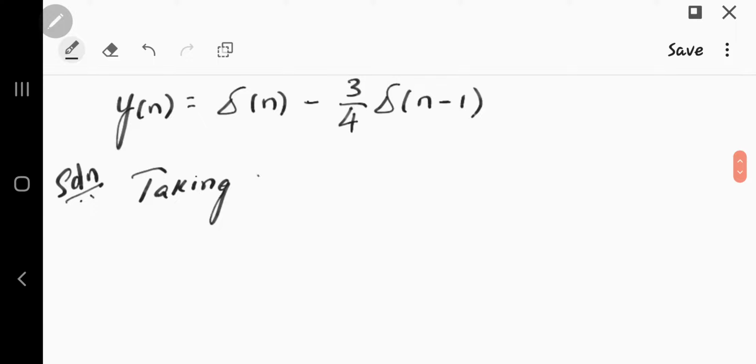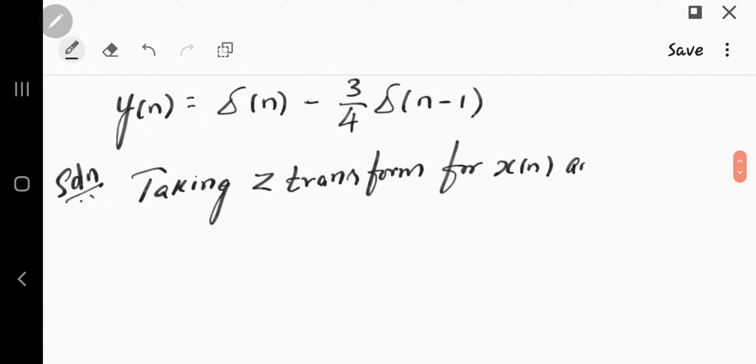First step: taking the z transform of x of n and y of n.